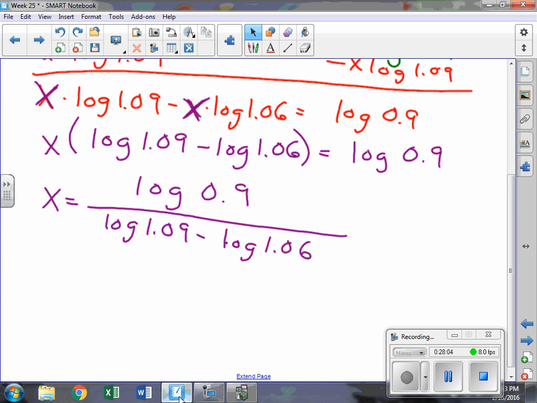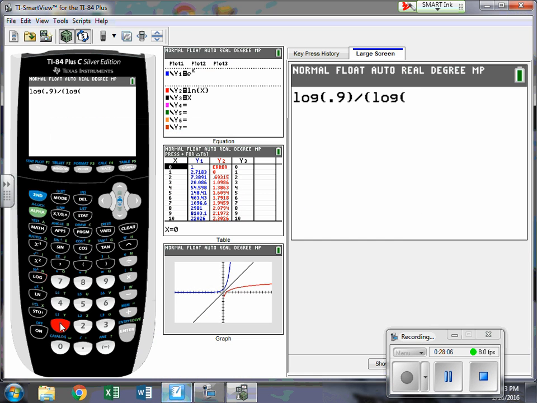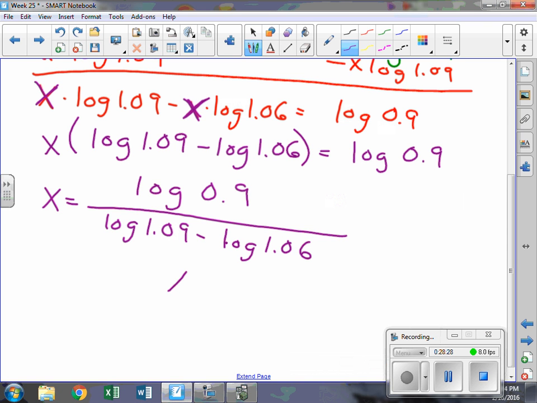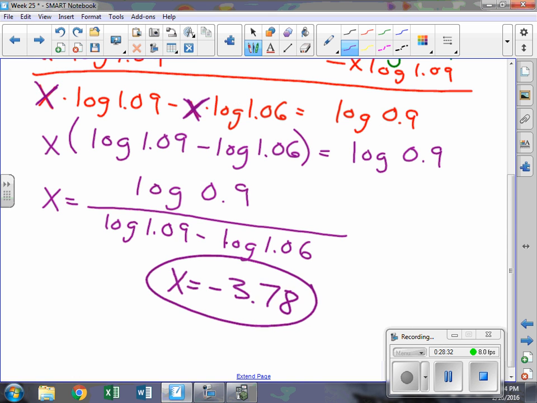The logarithm of 1.09 minus the logarithm of 1.06, and don't forget to write parentheses to close up the blob. Here's our result, negative 3.78. Assuming that we've typed everything up correctly and we haven't made any mistakes, we have a solution. Huzzah.